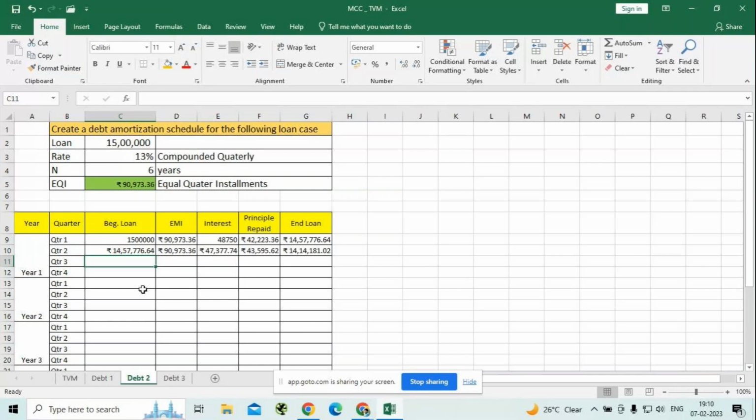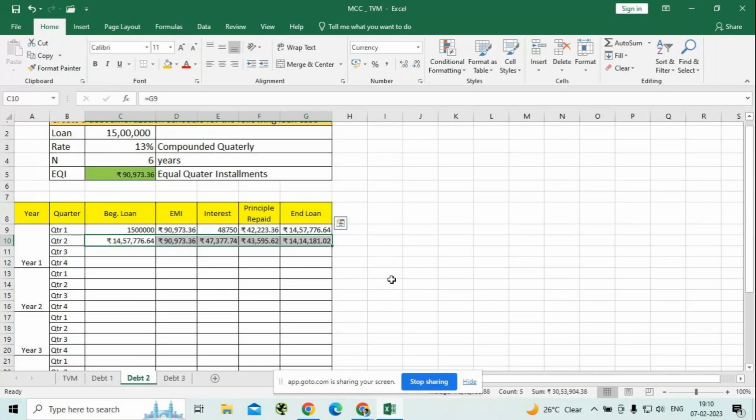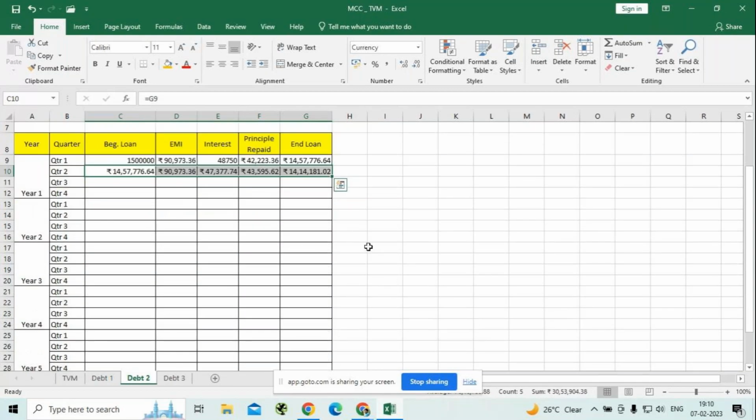But here, because you are connecting from one cell to another cell, the referencing will happen from the second row onwards in the table. So you are not supposed to select from the first one, you select from the second one onwards, and you can drag it.